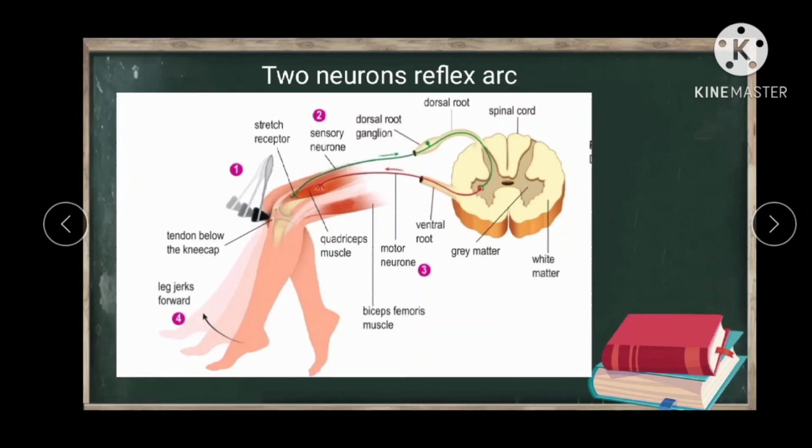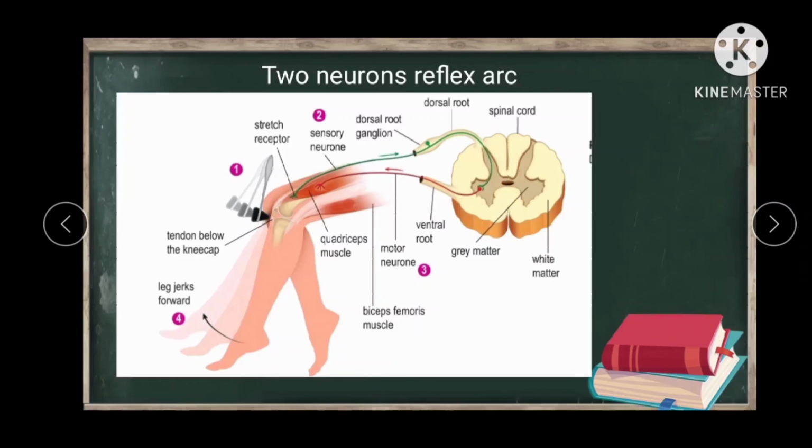The doctor sometimes tests the effectiveness of someone's nervous system by tapping on the knee using a rubber hammer. When the tendon below the kneecap is knocked, the quadriceps muscle stretches and stimulates the stretch receptor to trigger the nerve impulse.